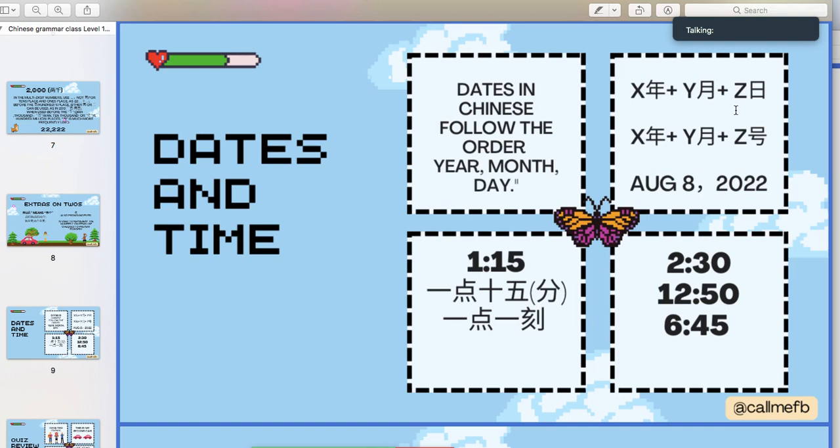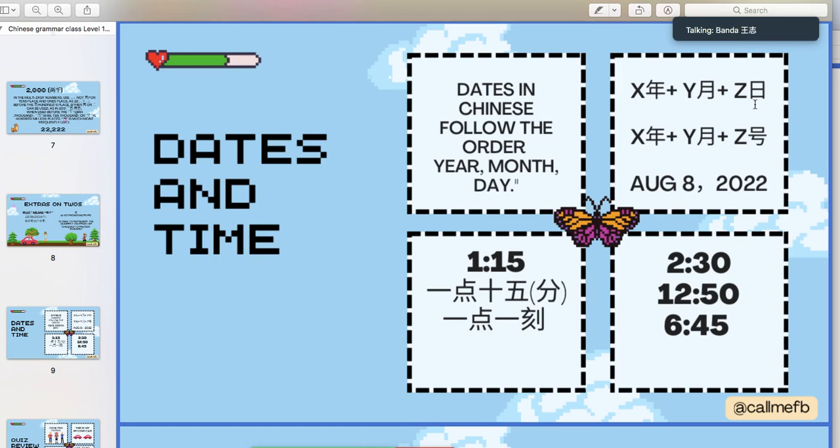I don't know. Okay. There's only one difference right at the end there. All right. So what are you looking at, Yuchi? Can you tell us? One of them is ri, another one's hao.